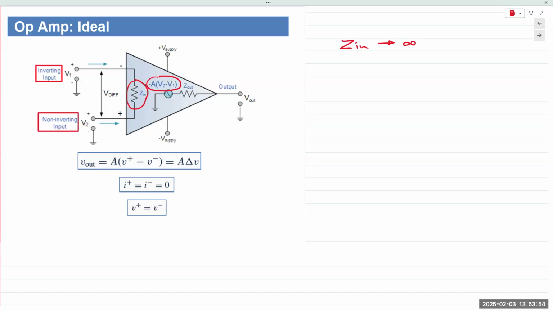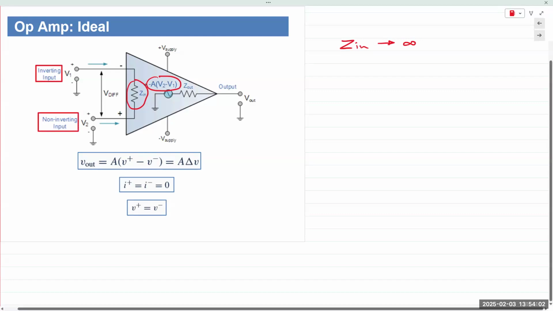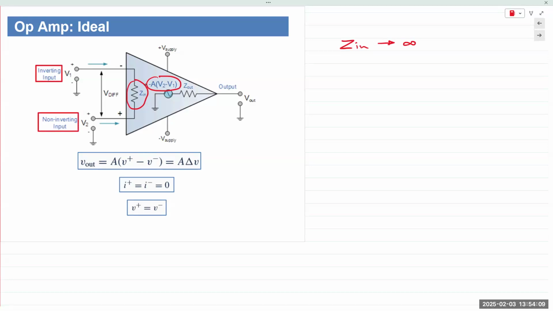What does the minus sign indicate? It's flipped. It's inverted. It's 180 degrees out of phase. So the inverting input simply means that the output will be 180 degrees out of phase with the input. If you apply a small sine wave at the inverting terminal, then the output would be amplified and inverted.